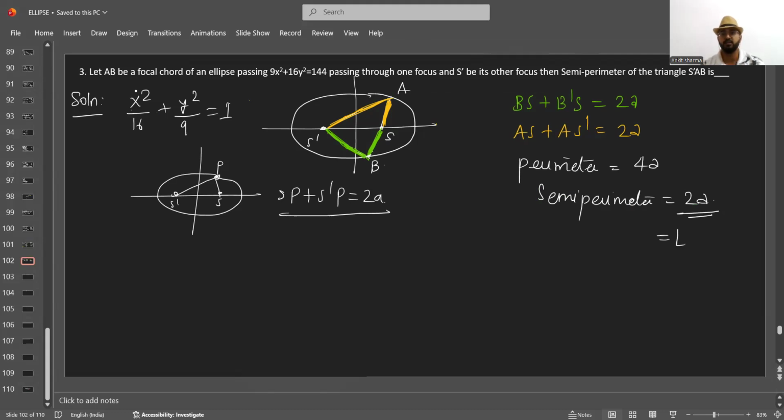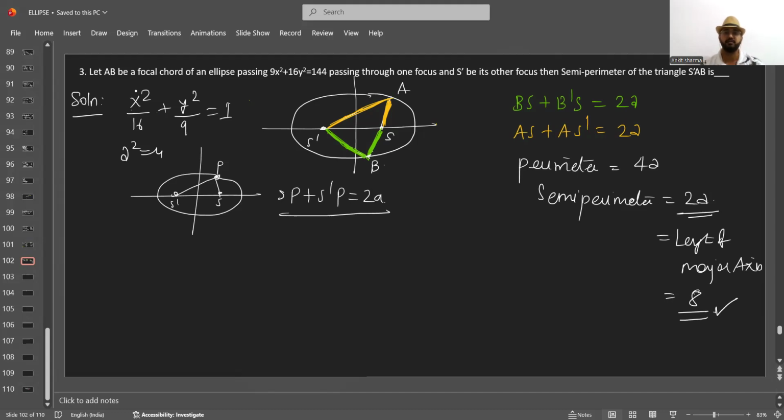This is nothing but the length of the major axis. The length of the major axis would be simply, a is 4 here, so it's going to be 8. So the semi-perimeter is going to be simply 8.